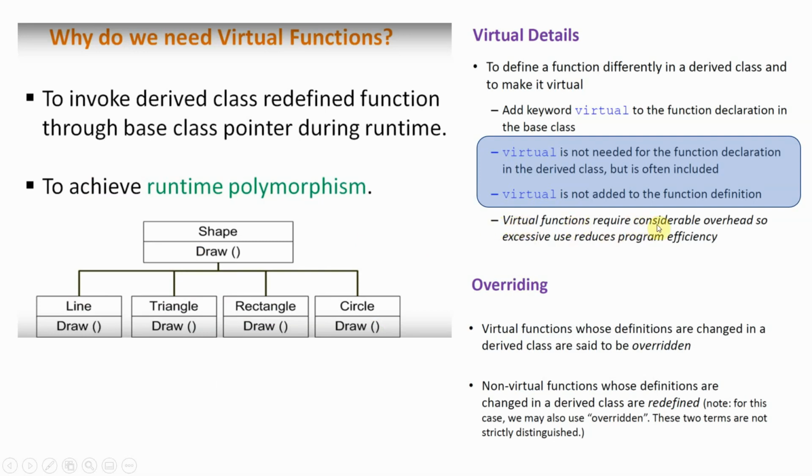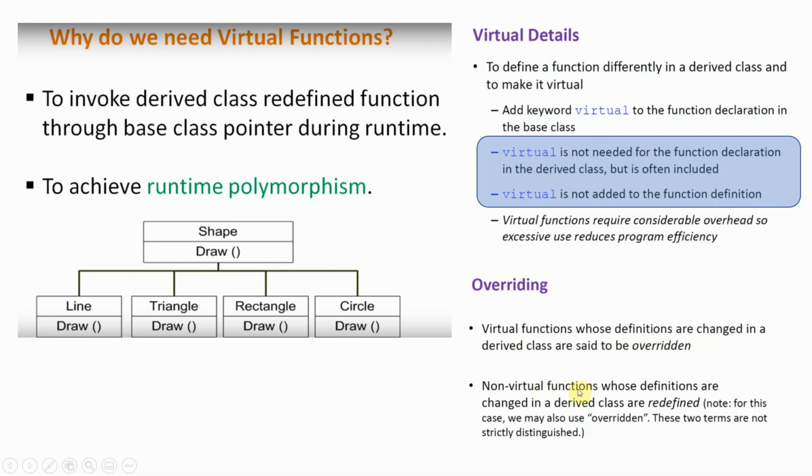Virtual functions require considerable overhead time, so excessive use reduces program efficiency, because the compiler has to do more work. It has to figure out which function to call. Virtual functions whose definitions are changed in a derived class are said to be overridden.